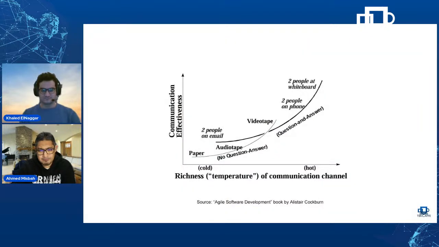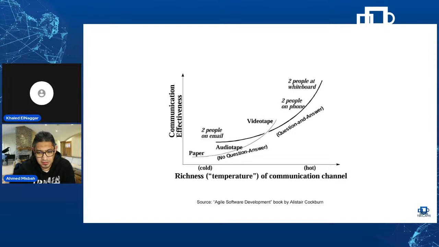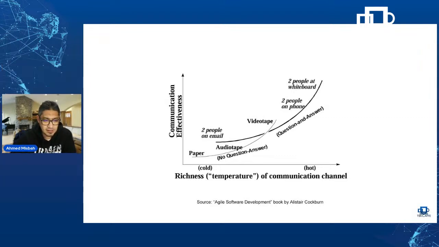Now, communication is very important. Here I'm showing a figure from Agile Software Development. This is a book that was written long ago by Robert Martin. In this book, he shows this figure, and it shows the relationship between the richness of the communication channel and the communication effectiveness.